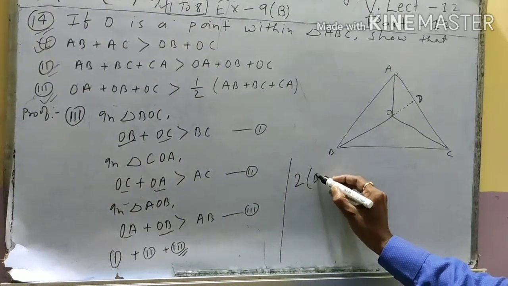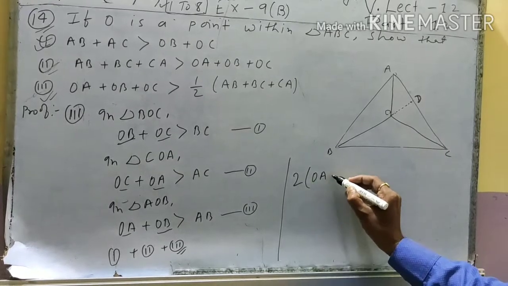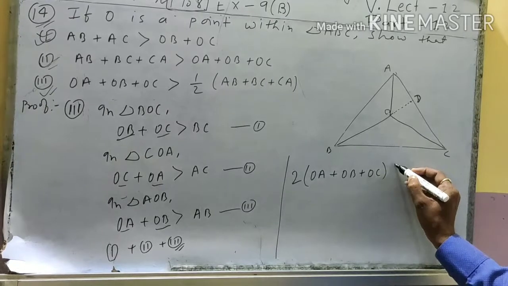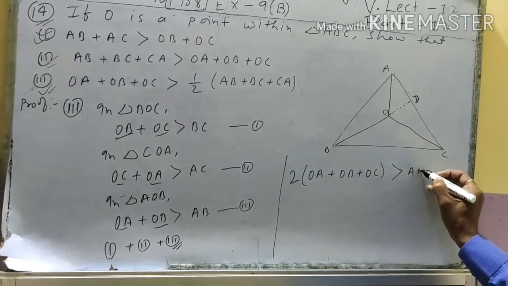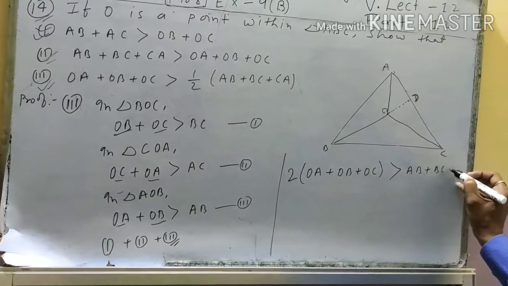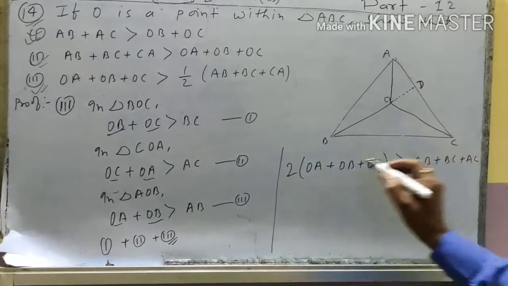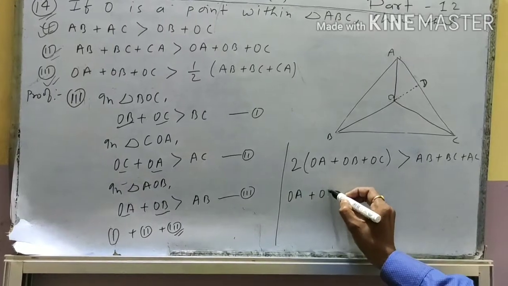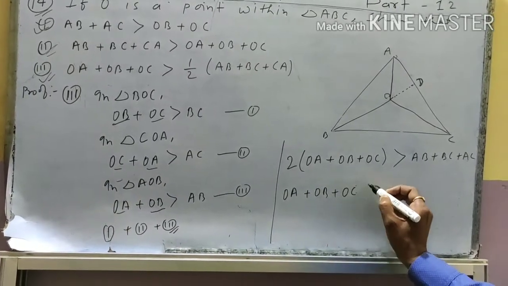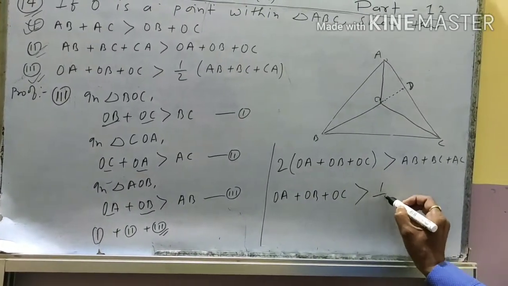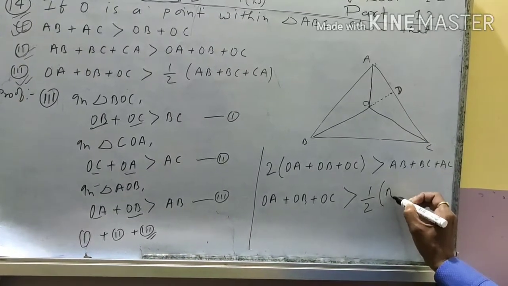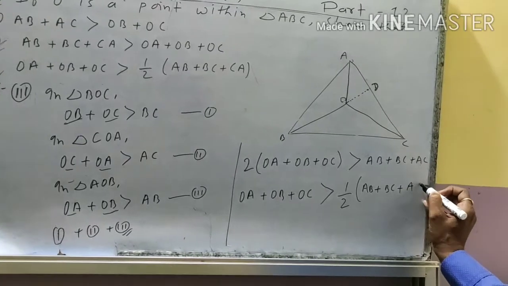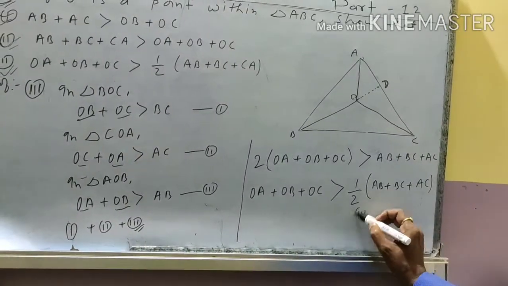So write down 2 (OA plus OB plus OC) is greater than AB plus BC plus AC. If we divide by 2 here, OA plus OB plus OC is greater than 1 by 2 (AB plus BC plus AC). This one is the third proved.